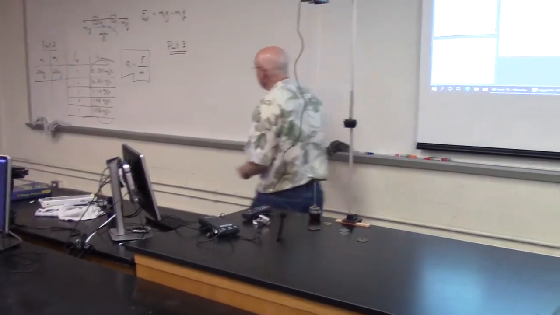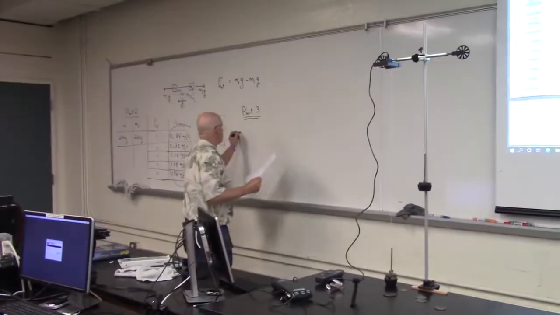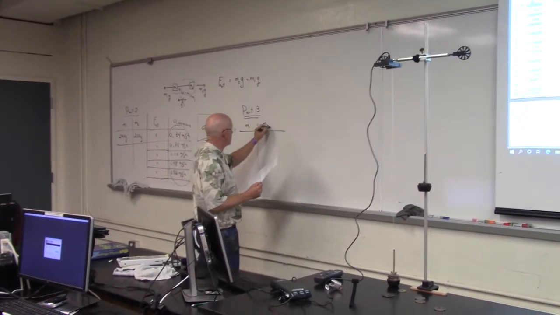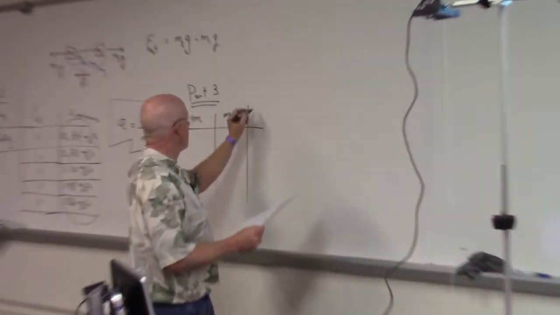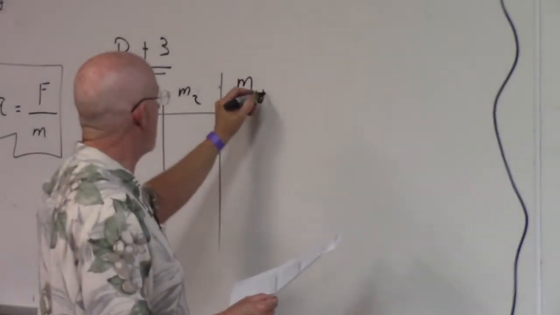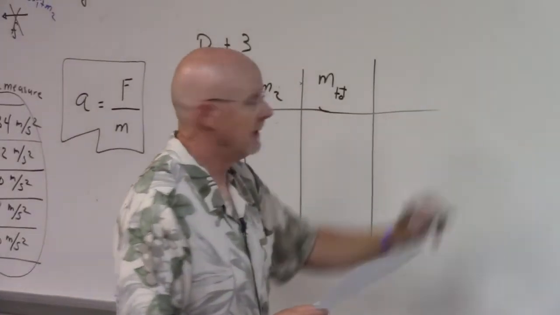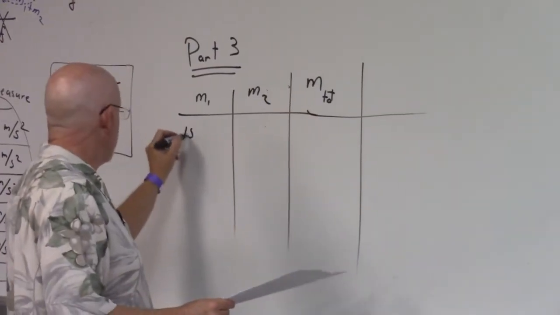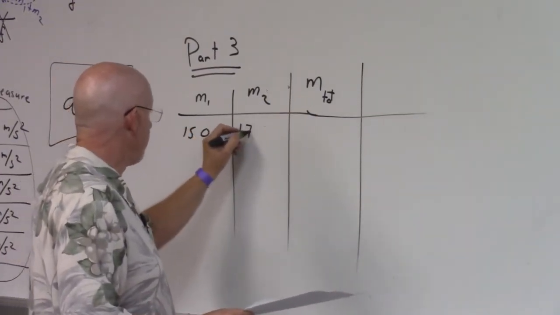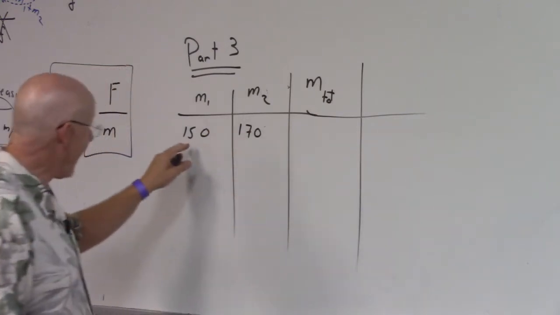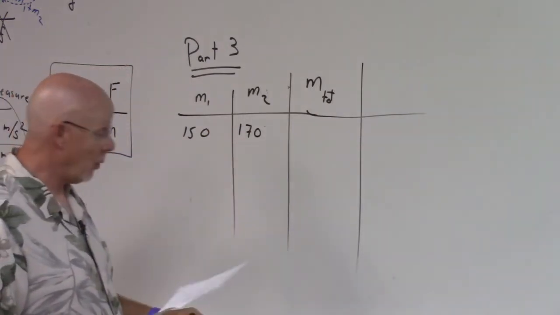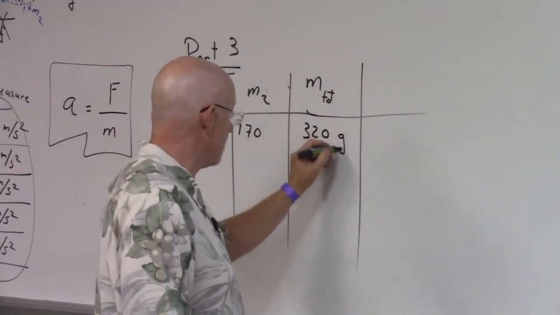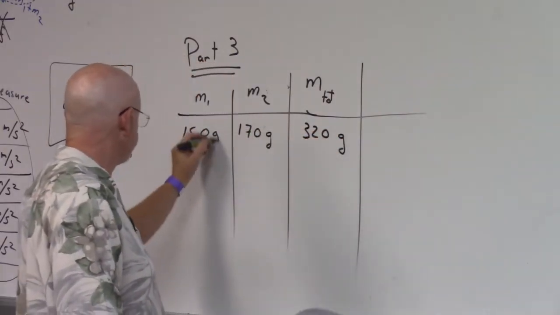We'll see what happens. Your table will look something like this. You'll have mass 1 and mass 2, and then you have a column that says what is the total mass. This is the part that you need to calculate. And so for the first column, go ahead and add the 150 and the 170 to come up with 320, and this is all, of course, in grams.